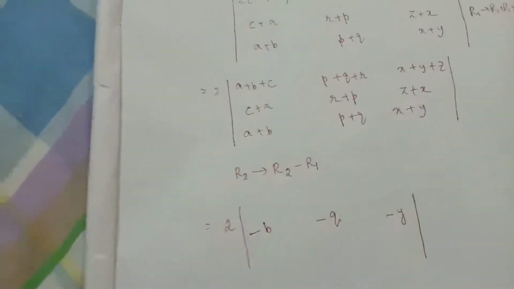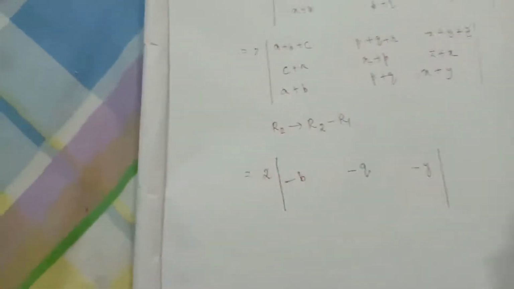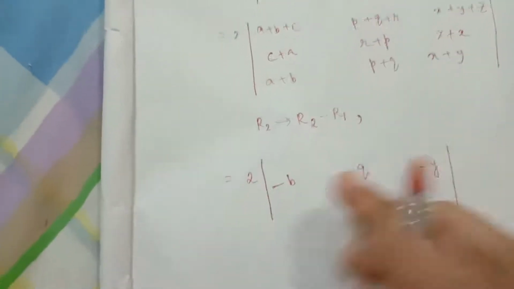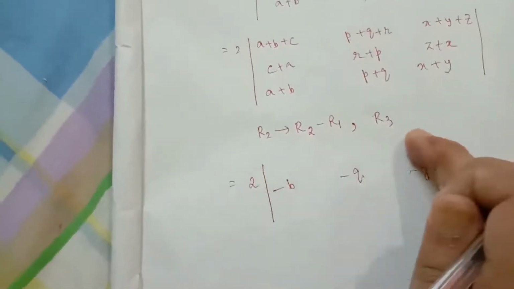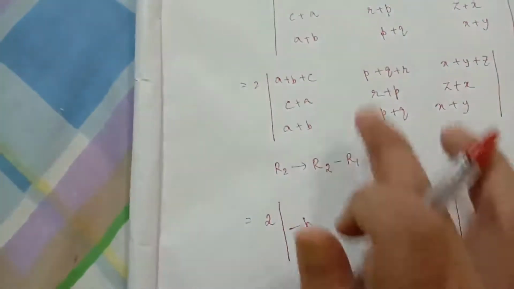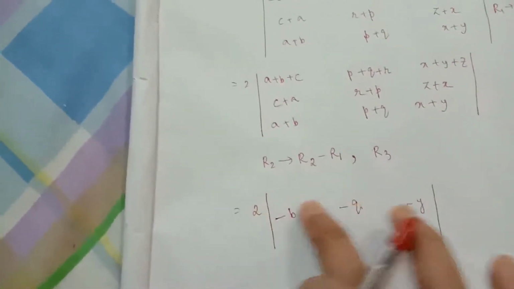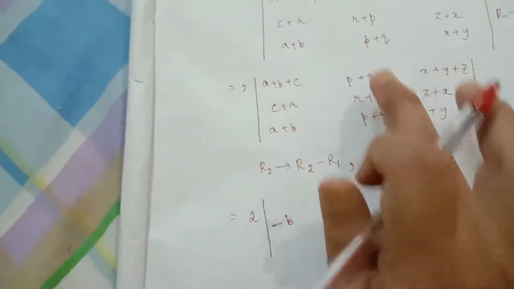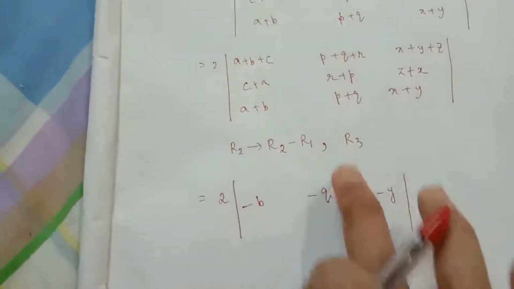Now again, let us replace R3. As you can see in this determinant, first step is we have replaced R2 by R2 minus R1, so R2 is changed. R1 and R3 are unchanged here in this determinant also.